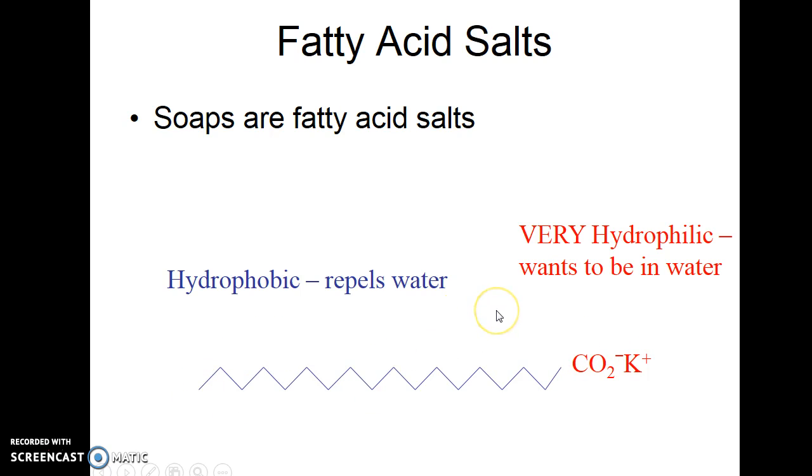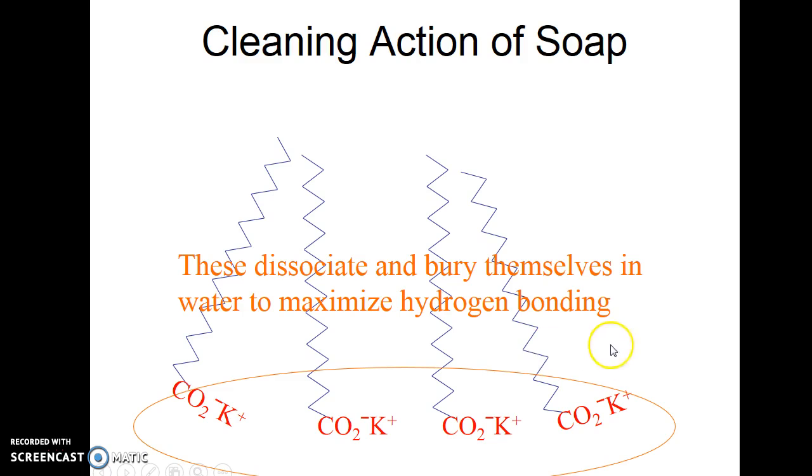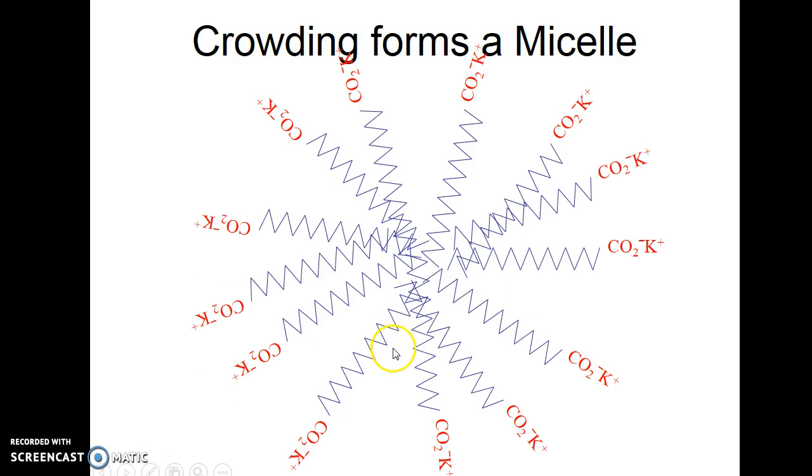And so what's interesting is they arrange themselves together so that the hydrophobic portions are together and the hydrophilic portions are in the water. And what happens is with time, these little things wiggle together until they make what's called a micelle.